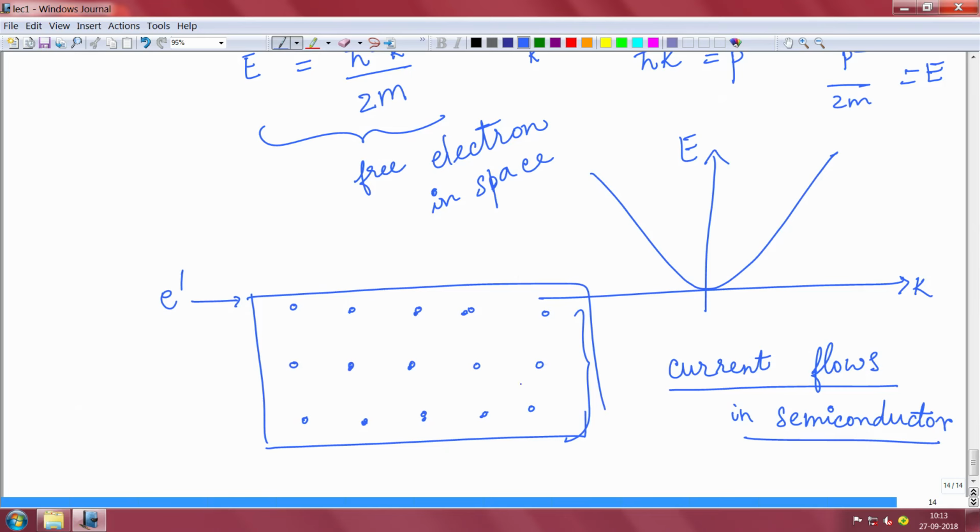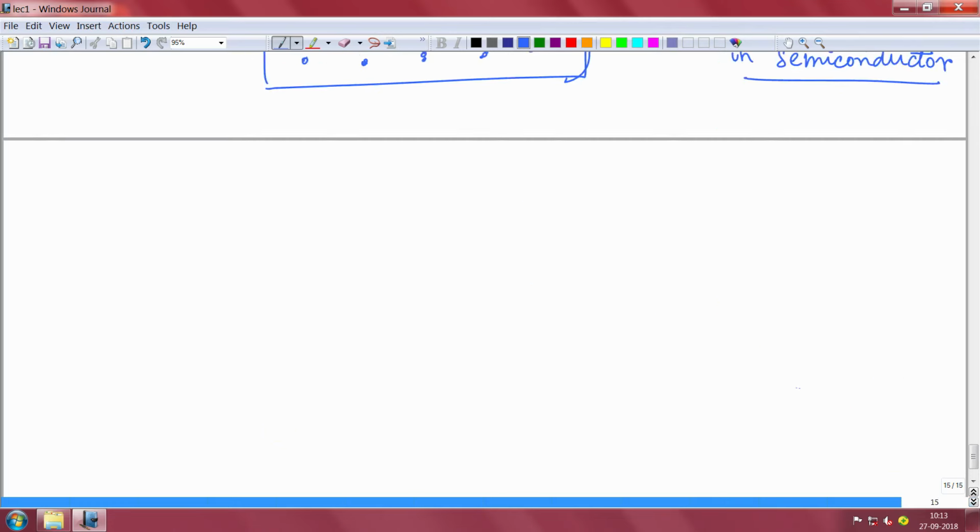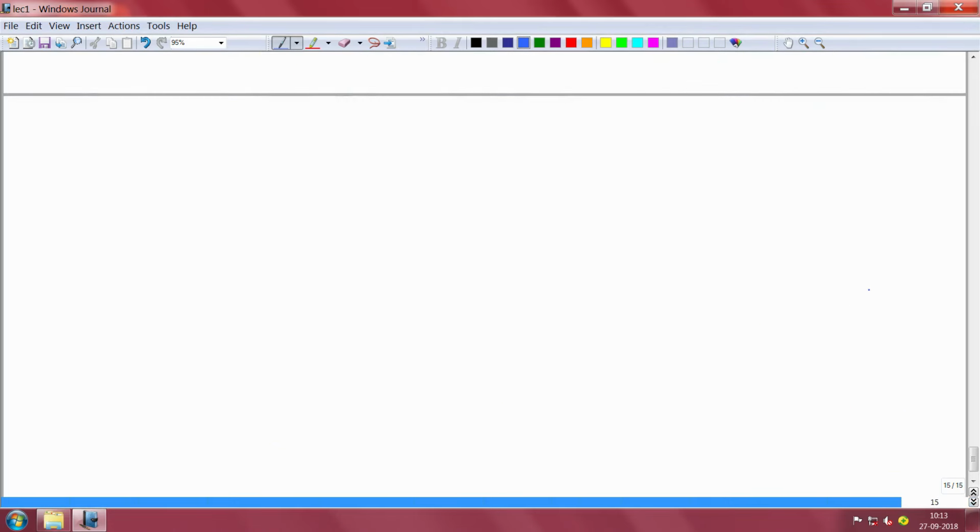So, these are arranged periodically, and each of these atoms introduces a potential, right. Each of these atoms introduces a potential, and it is called a periodic potential. So, essentially an electron has to move in a periodic potential, and that periodic potential is set up by the atoms, right.